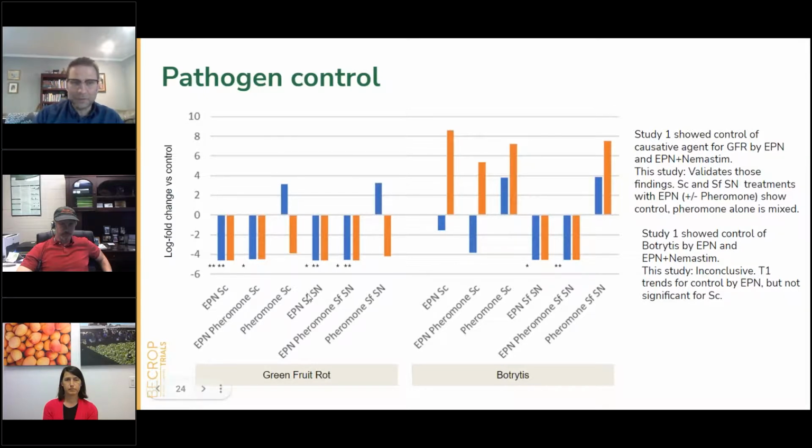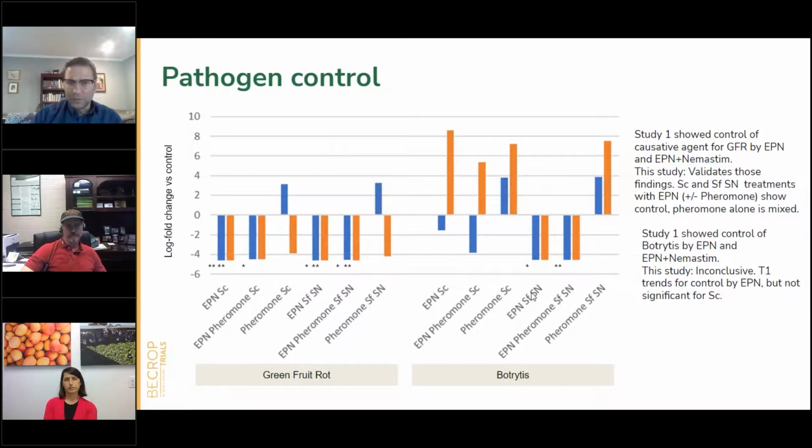Again, this is for green fruit rot, the causative agent for green fruit rot. And again, with the Feltiae, we see the same pattern where the nematode itself and the pheromone with the nematode, we see a strong loss in those pathogens, where we don't see it quite as strong in the pheromone alone.